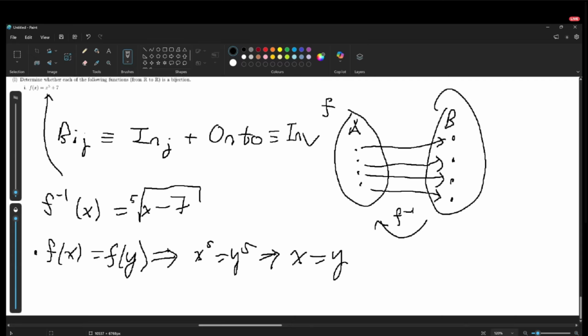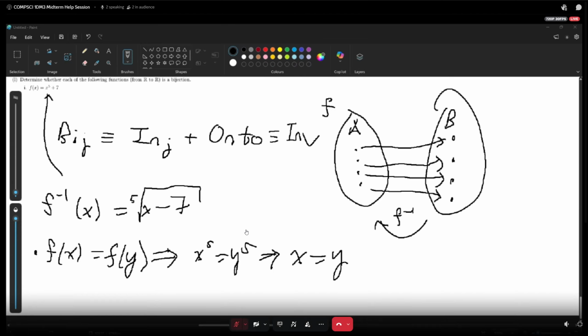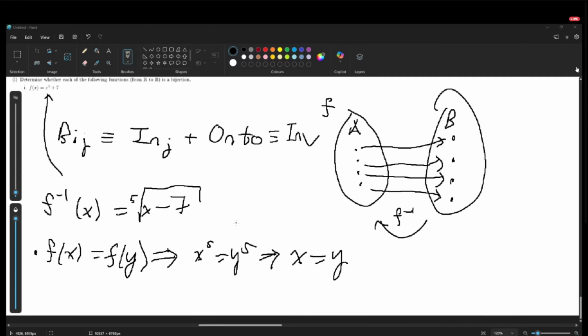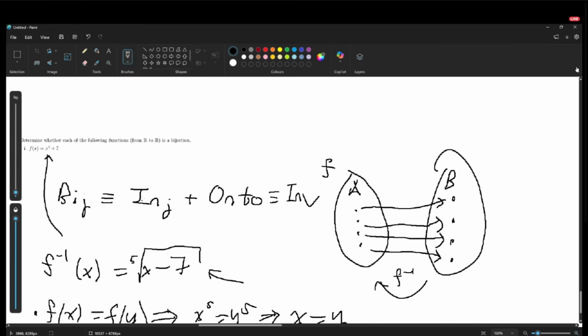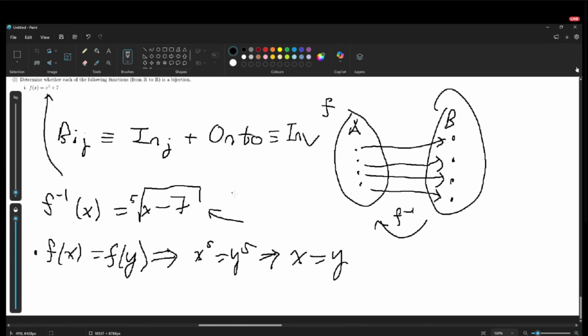Then you'd also have to show surjectivity. And then surjectivity just follows as well, because you can choose an element that looks like this. So really, in proving surjectivity, you can actually just prove invertibility right off the bat. But yeah, that's how you do this kind of question.